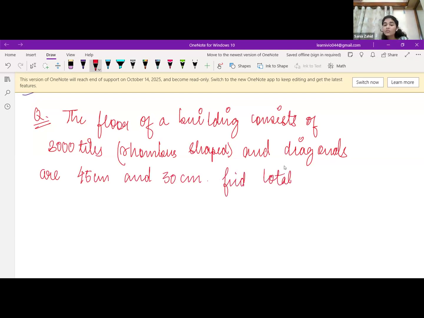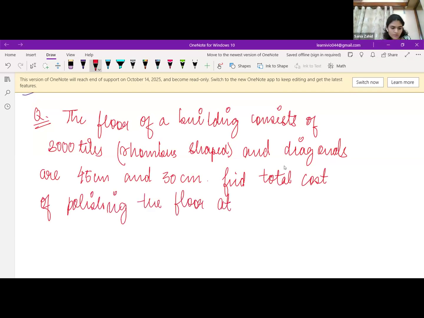Children, write the question along with me, okay? Cost of polishing the floor at rupees 4 per meter square. Very important question, children, and a very good question.